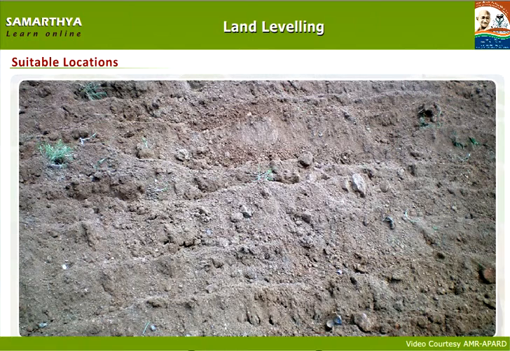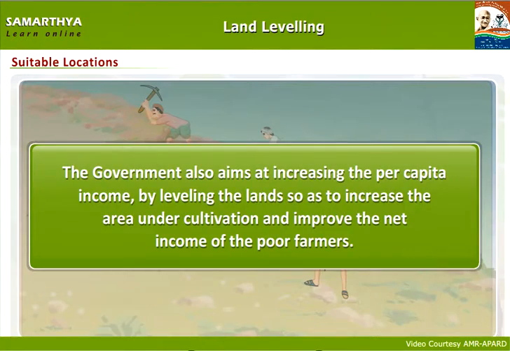Under this major program, all the uncultivable lands will be transformed into agricultural lands. The government also aims at increasing per capita income by leveling the lands so as to increase the area under cultivation and improve the net income of the poor farmers.